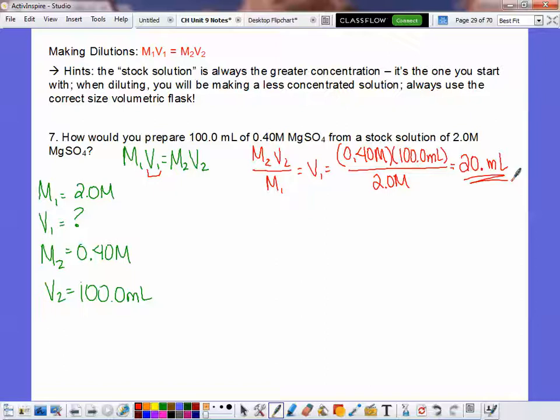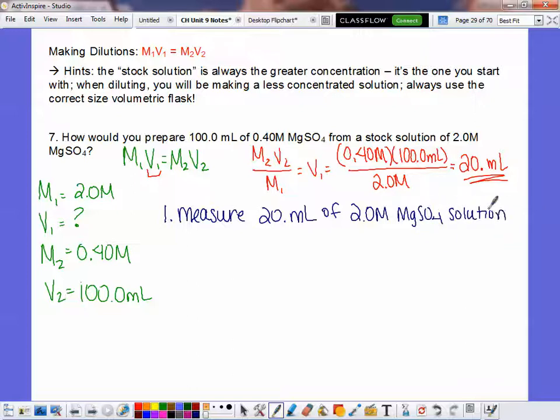Now, we're not done with this problem, because this question asked, how would we prepare this solution? Not just how much of the 2 molar do we need. So I'm going to walk you through the steps. You would first measure 20 milliliters of the 2.0 molar MgSO4 solution.